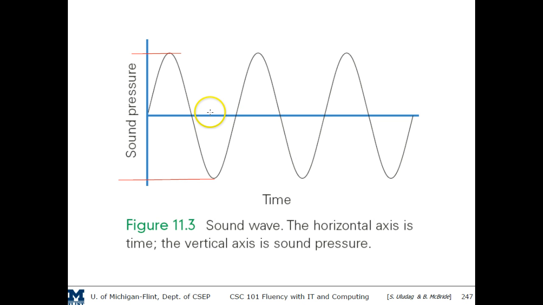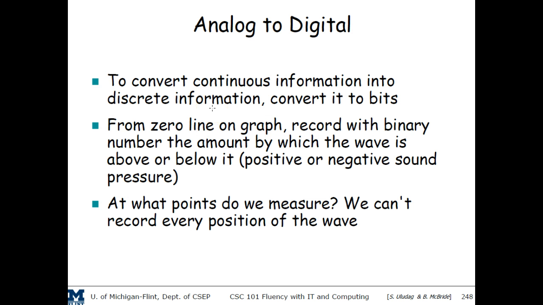And this is accomplished by measuring the amount of change above the zero line on the graph and the amount below the zero line. And we do that by measuring at regular intervals to find out what the value is.